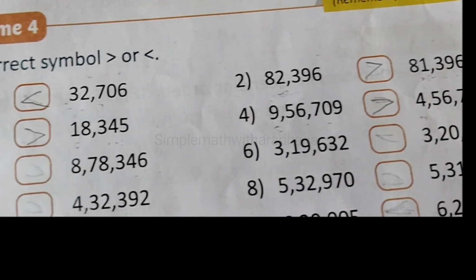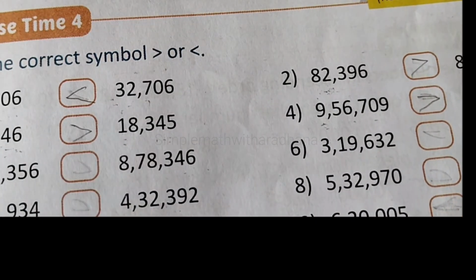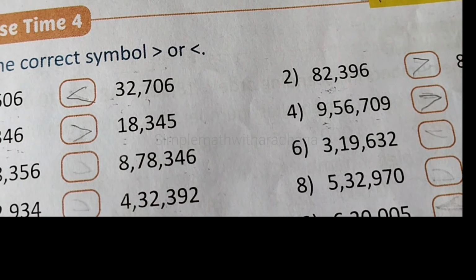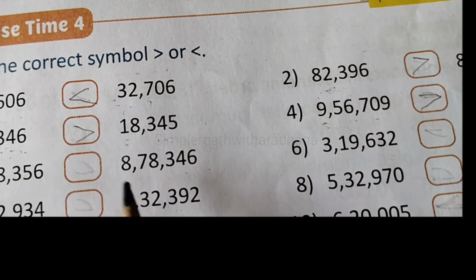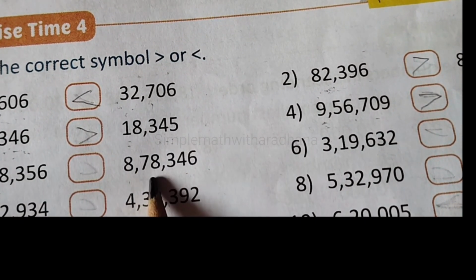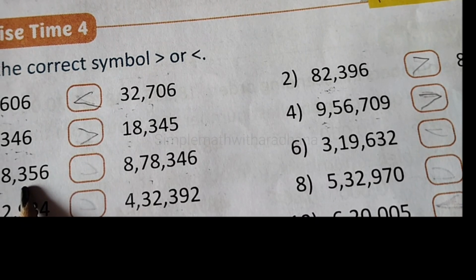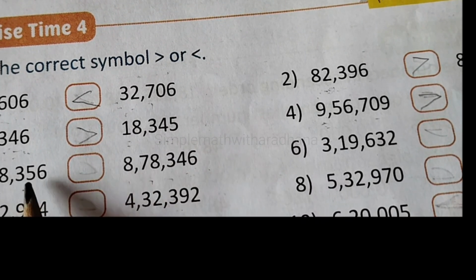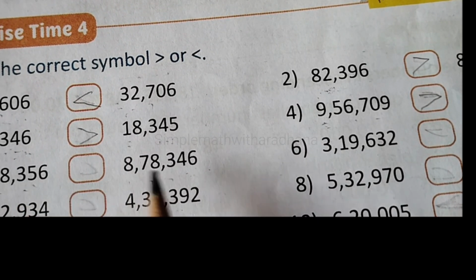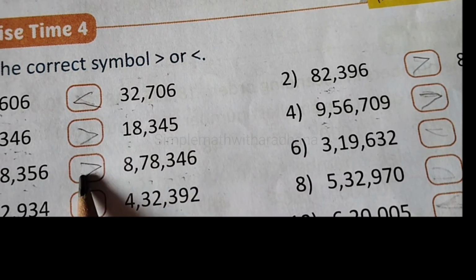As I told you already, we will compare the largest digit first. Here 8 lakhs, here 8 lakhs, here 78,000, here 78,000, here 3 on the place of 100, correct. Here 5 on the place of tens, but here 4, so this number will be big.